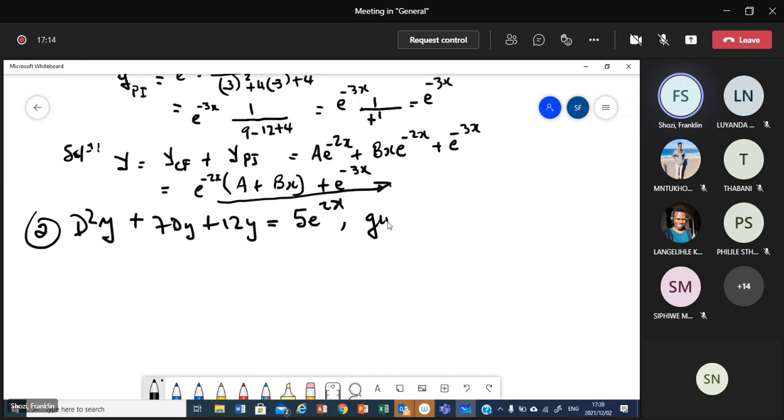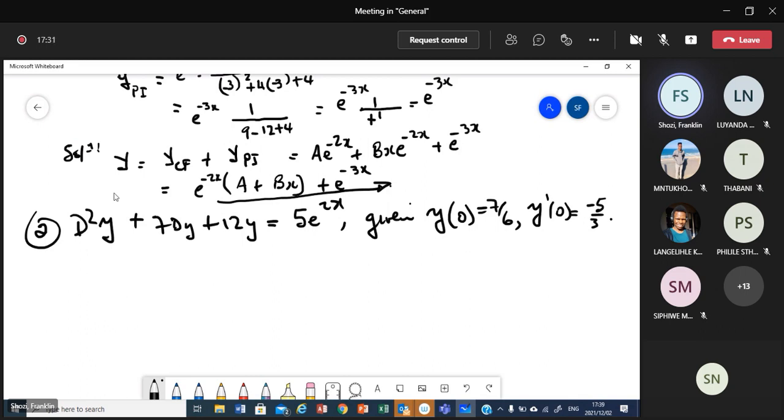What are we given? Given that y of 0 is 7 over 6 and y prime of 0 is minus 5 over 3. That is what we are given.